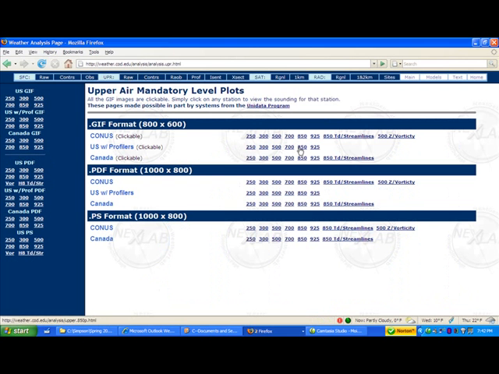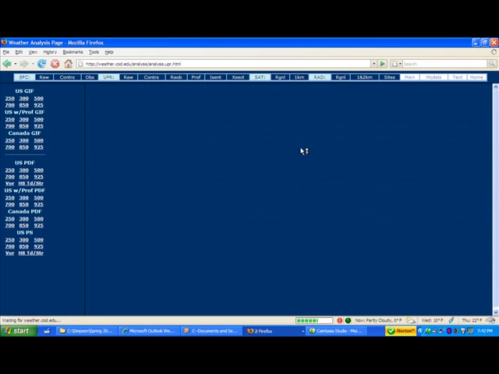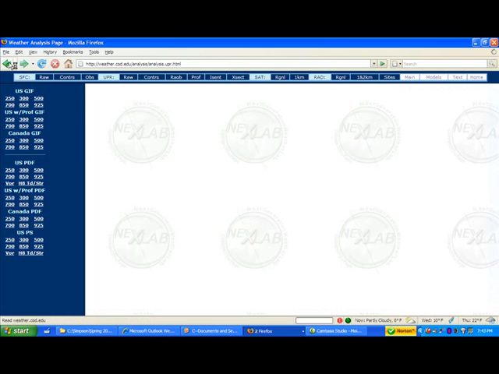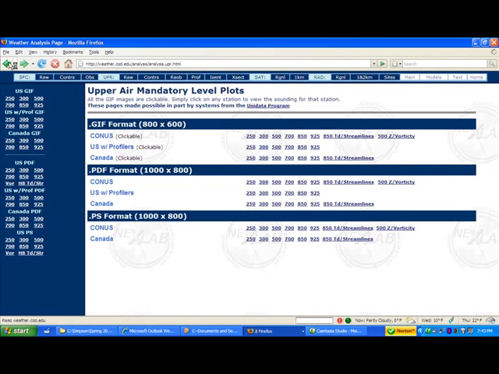And again, a lot of this is just looking around until you find what you're looking for. Here we go. And this is an 850 millibar map of temperatures and dew points. And again, this is a map that's old. This is from 6 p.m. on Monday. So that was 24 hours ago. So that's an old map. So DuPage is not going to help us very much at this point.